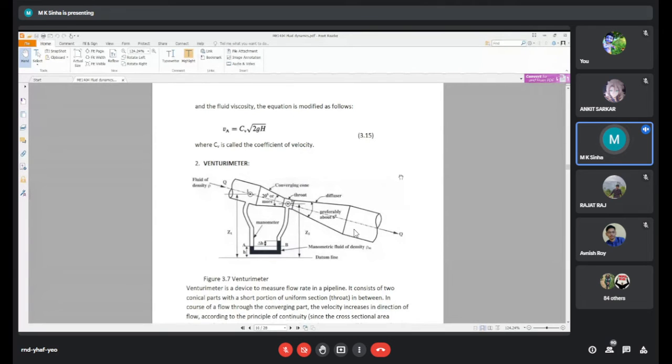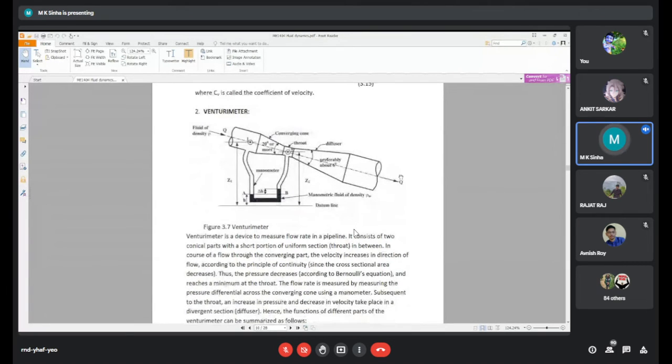So see, what is the Venturi meter? First see, Venturi meter is a device to measure flow rate, the discharge, in a pipeline.